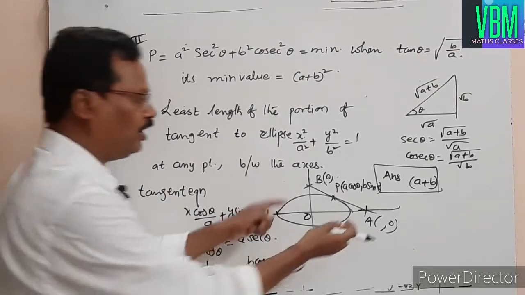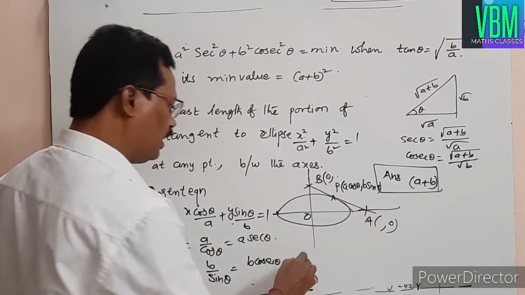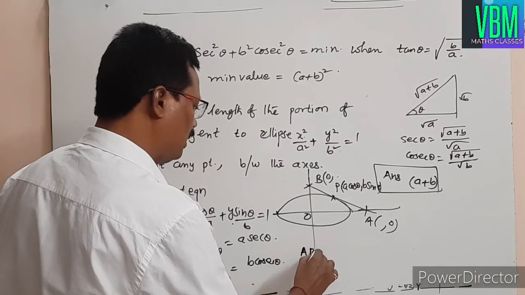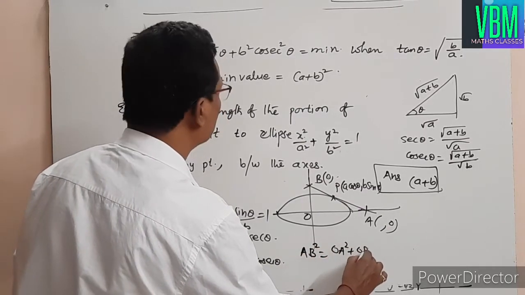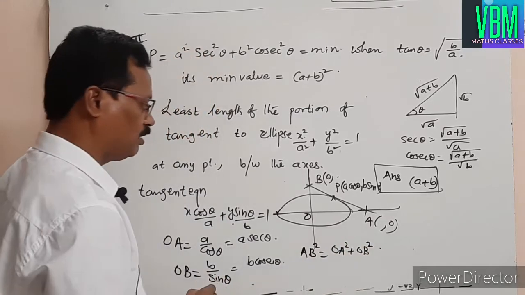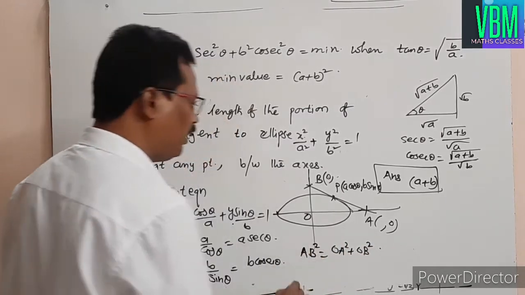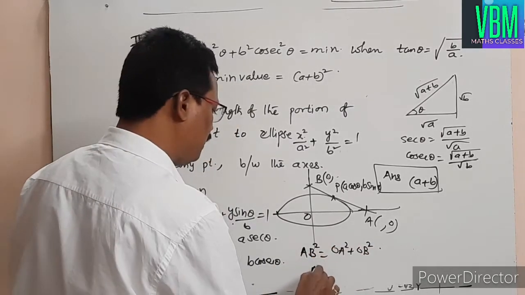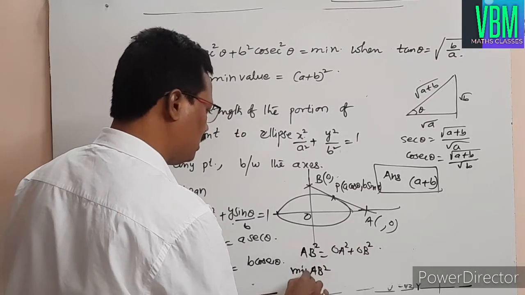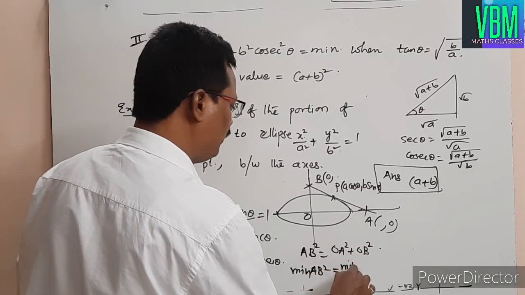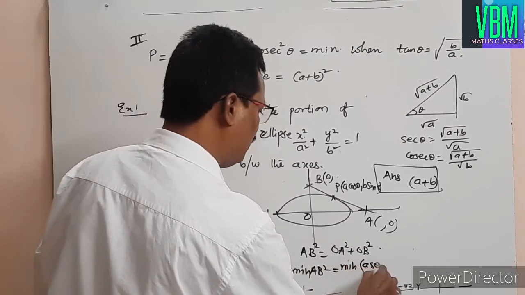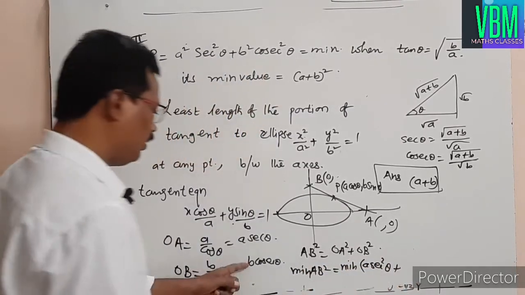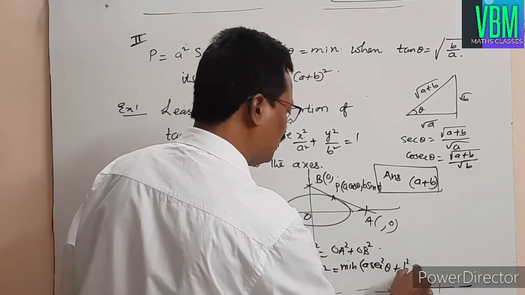Okay. Now we want this portion AB. That AB length: AB square is equal to OA square plus OB square. Now what is the minimum of AB square? It is the minimum of OA square, which is a square sec square theta, plus OB square, which is b square cosec square theta.